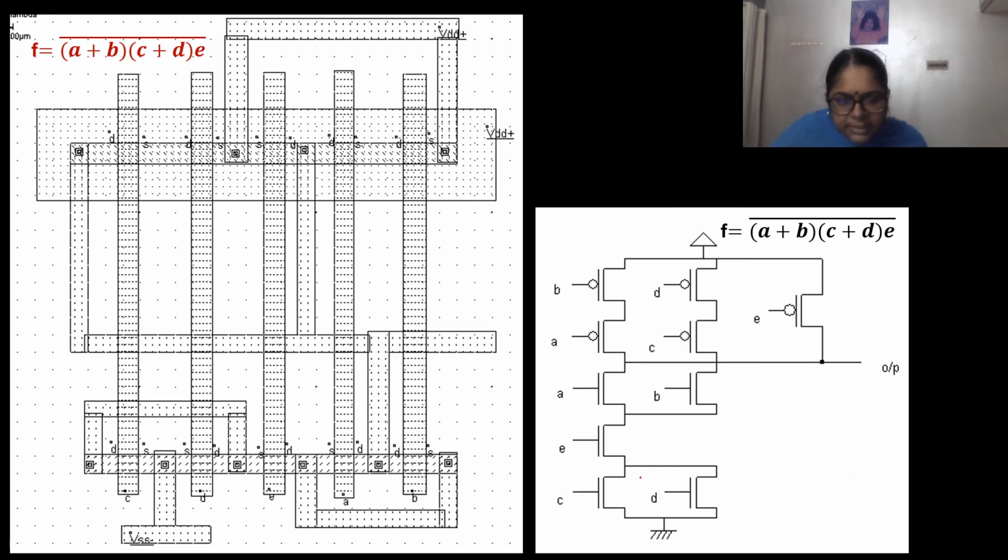Here I have started with C, D, E, A, B. So here also C, D, E, A, B. In this fashion, you can see that using just one path we are able to traverse through all the transistors of the PMOS side. Similarly, NMOS side. So CDEAB is the order of the inputs which need to be given to the polysilicons.